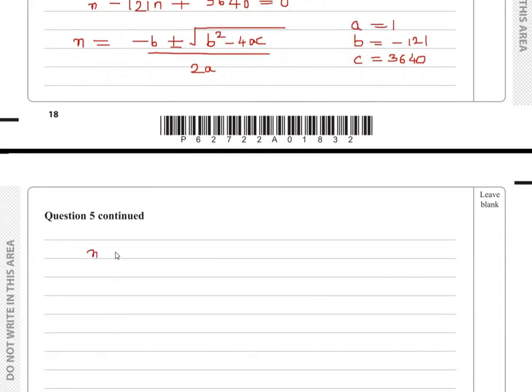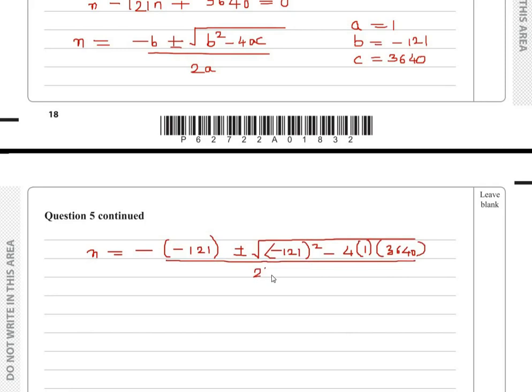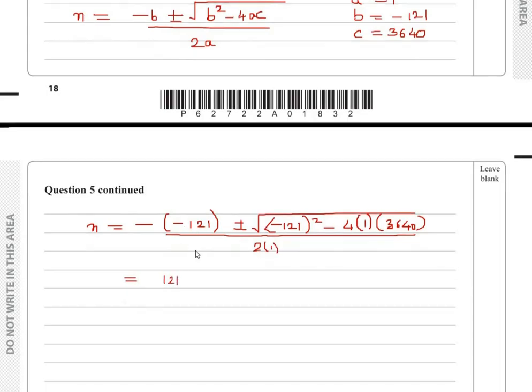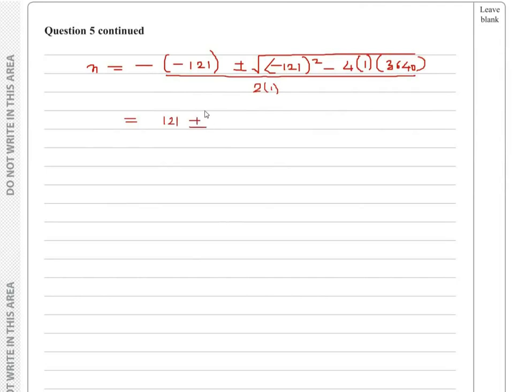So we get n equals negative b, and b is negative 121, plus or minus the square root of minus 121 squared minus 4 times a, which is 1, times c, which is 3,640, over 2 times 1. Minus of minus becomes plus, so we have plus or minus. Let us take a calculator now.